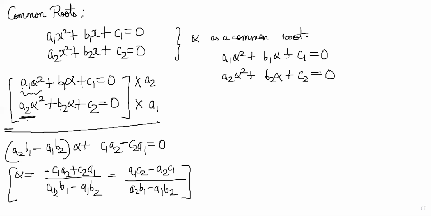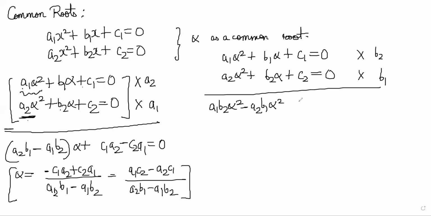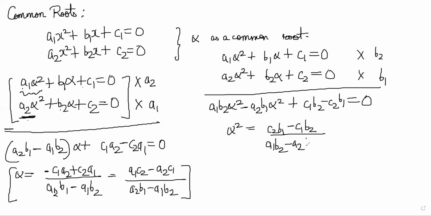To eliminate alpha, I should multiply this by b2 and this by b1 and then subtract. If you do that subtraction, you'll get a1 b2 alpha square minus a2 b1 alpha square plus c1 b2 minus c2 b1 is equal to 0. So basically alpha square becomes c2 b1 minus c1 b2 by a1 b2 minus a2 b1.